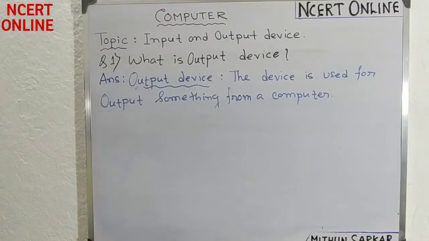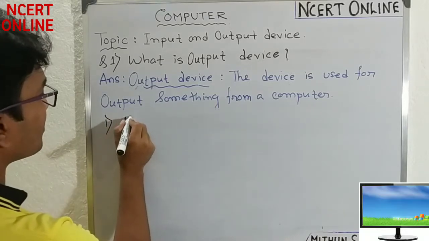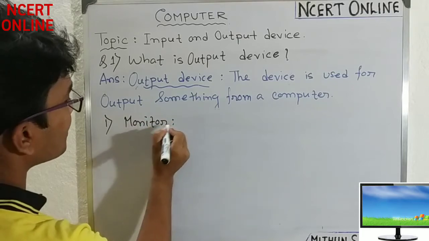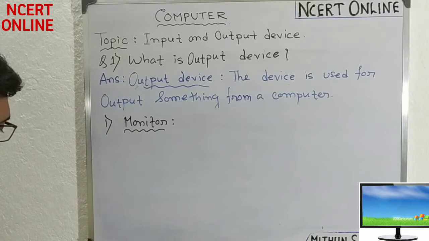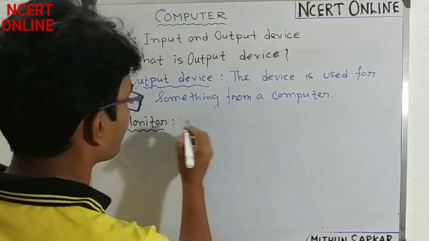Now discuss one by one. First one is monitor. Monitor is the main output device of a computer, because without a monitor we can't use a computer.